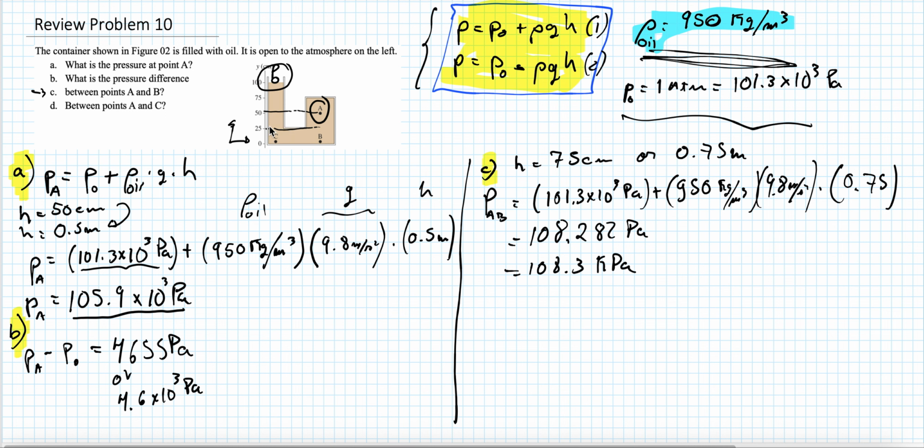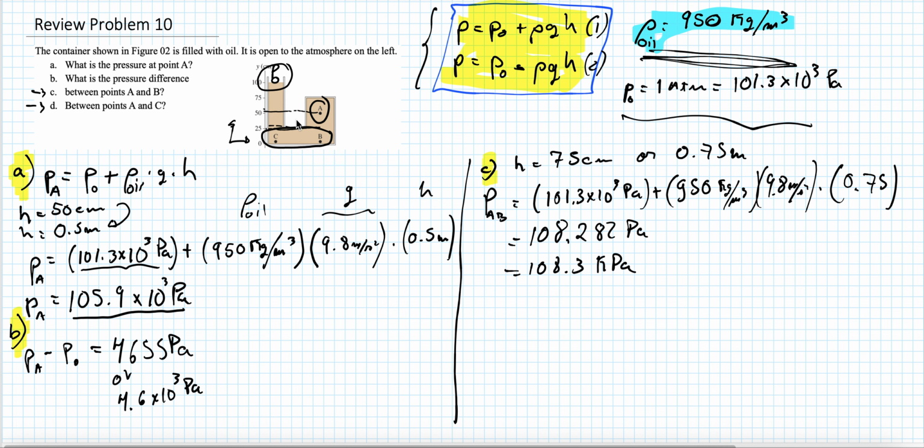So that was the pressure between A and B. Now, what about letter D, between points A and C? Well, between A and C is the same number as between A and B, because these two points are at the same level.